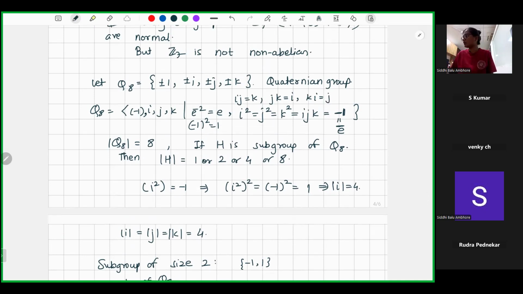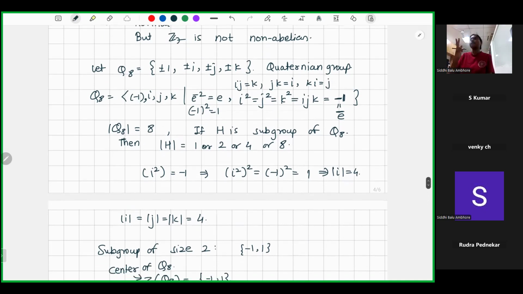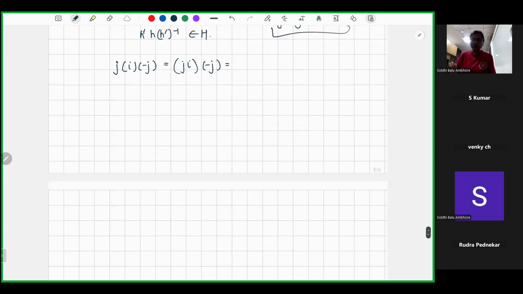I hope I wrote correctly. And when I reverse the order, it's minus of these elements. For example, j into i is -k, k into j is -i, and i into k is -j. So I will use that. So j into i is -k into -j. So -1 is in the center.